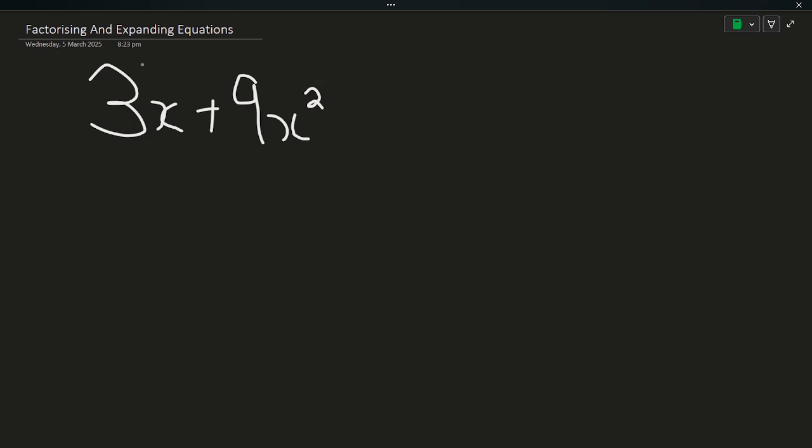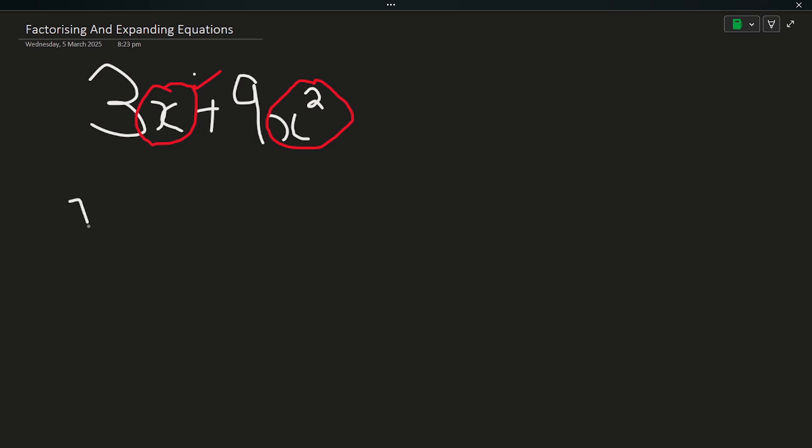In this, we're going to be looking at the x's first. We can see there's one x here, and this here is x times x, so we'd take that as two values of x.